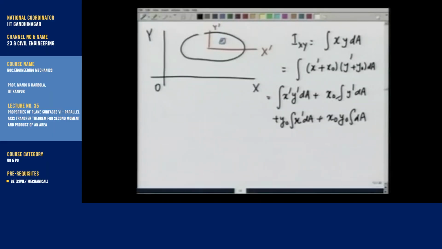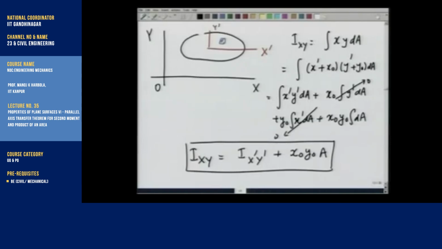Again, by the arguments that we have used earlier, these two terms drop to 0, and therefore I x y is equal to I x prime y prime plus x naught y naught times the whole area.